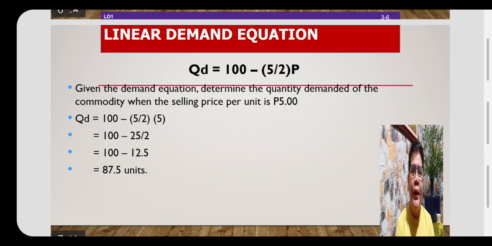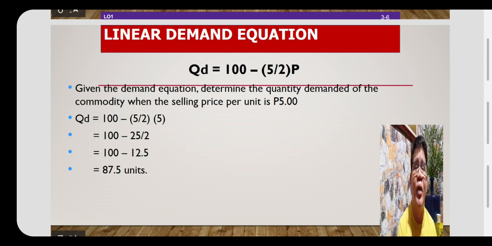Now, let us have an example of a problem. Given the demand equation, determine the quantity demanded of the commodity when the selling price per unit is 5 pesos. Since our demand equation is Q equals 100 minus 5 over 2P, what we have to do to solve for quantity is simply substitute the given price into the equation.